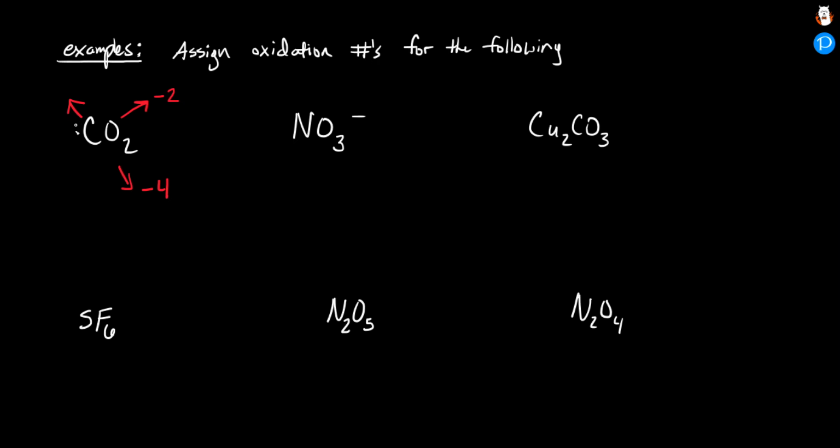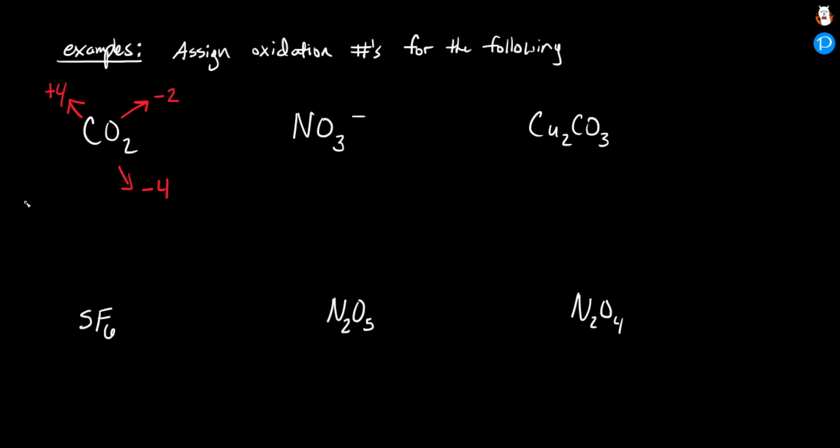In order to give me a neutral compound, right? This is not a polyatomic ion. CO2 is just neutral. So these two things, when added together, the oxidation states that I have here, need to cancel out to be 0. So if the total for oxygen is -4, since each oxygen is -2, that means this carbon must be +4.